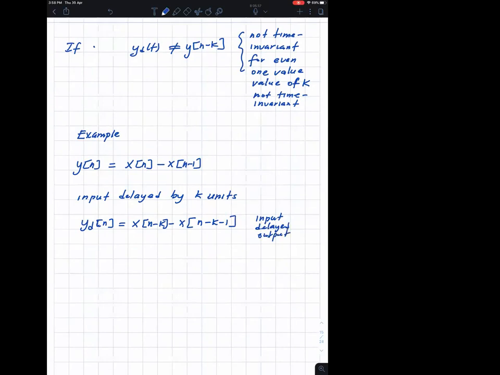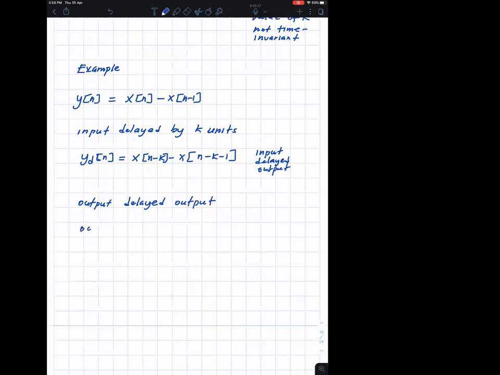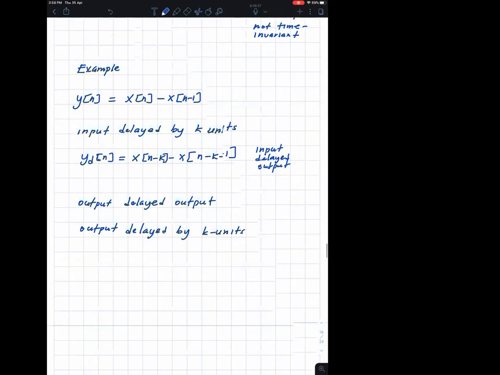Now let's look at the output delayed output. Output delayed by k units is yn minus k.